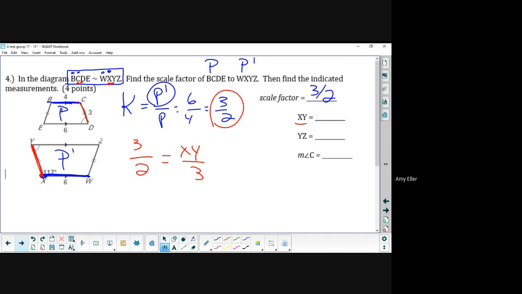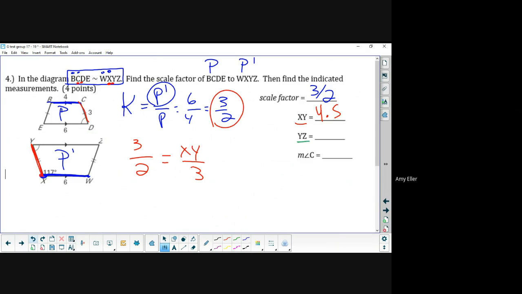I need to put them in that order because I had originally put the prime figure on top, so I'm going to continue putting this prime figure on the top. When I cross multiply, I get 4.5. Questions on that?